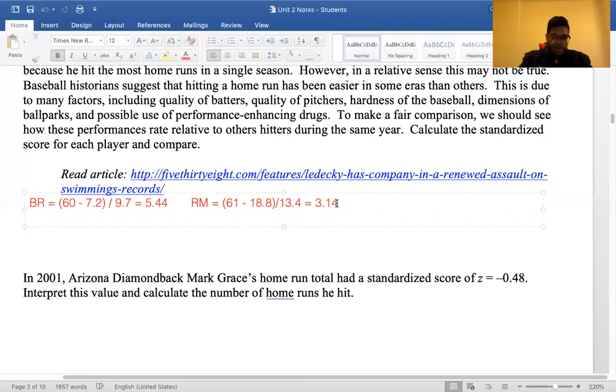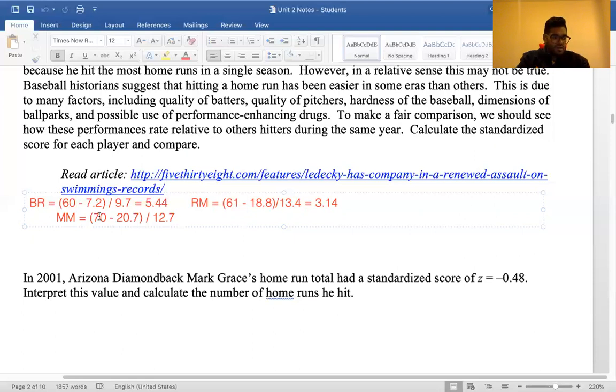And now we have Mark McGwire. I'm going to do the same thing over and over again. We have Mark McGwire's individual value, x, which is 70.